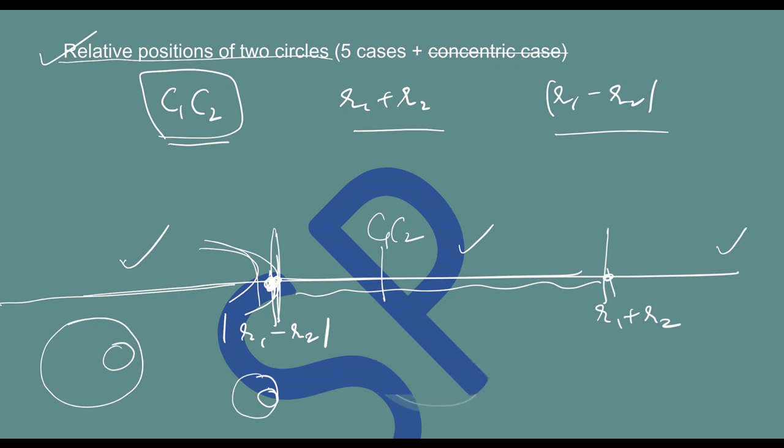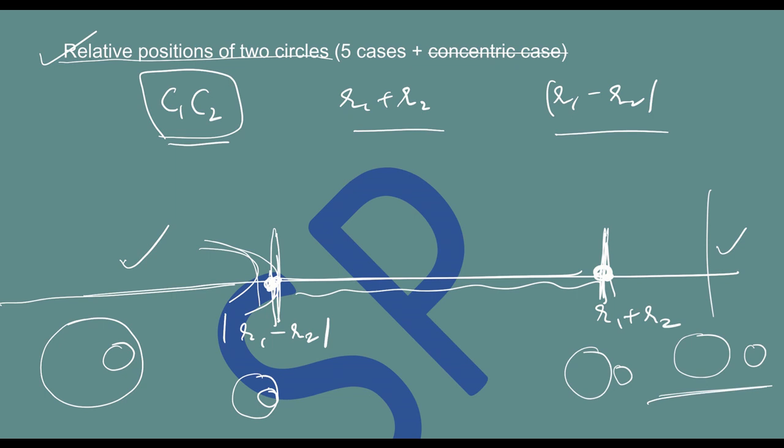Or if C1C2 is going to lie here, this is going to match with C1C2, then we know that the circles are going to touch externally like that. Or if C1C2 is going to lie over here, then C1C2 is greater than R1 plus R2, which means the circles are going to lie like this.